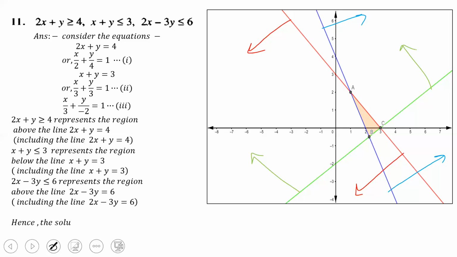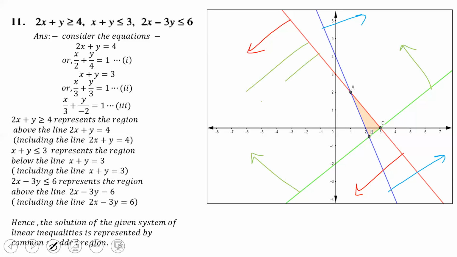Okay, so write down the answer: the solution of the given system of linear inequalities is represented by the shaded portion or shaded region, whatever you can write, or you can shade in different shades and then find the common portion. Always use different types of lines, such as horizontal lines and curved lines, to represent the region.